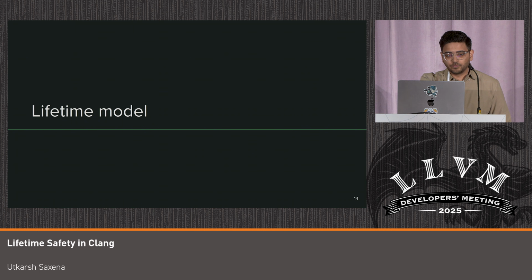So Rust can be as strict as it is right now, but C++ cannot afford to be that strict. This lifetime model also aims to have similar lifetime semantics as Rust has. And at some point in time, it also wants to support Rust-like syntax in Clang or in C++ if required in the future.